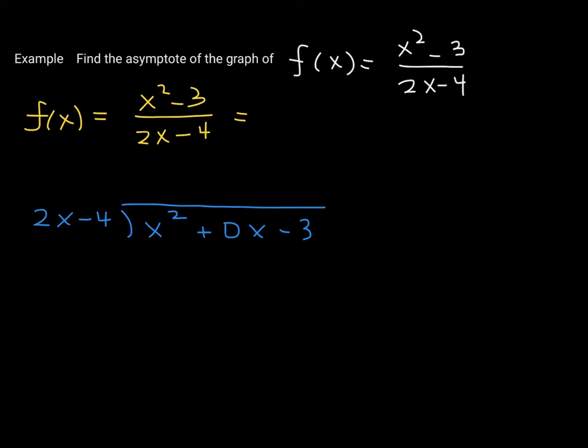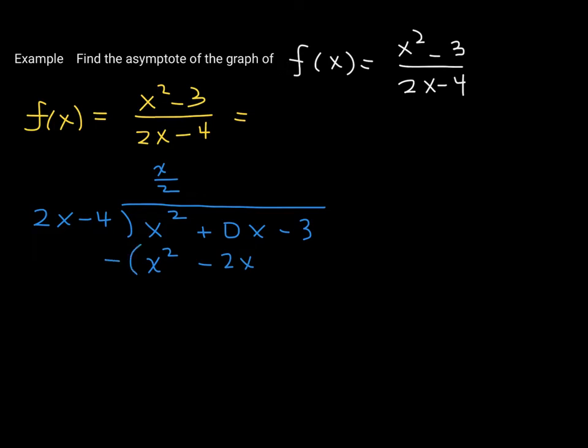When you do this division, I know 2x times something will give me x squared, and that something is x over 2, or 1/2 x. 2x times x over 2 will be x squared, and then negative 4 times x over 2 will be negative 2x.